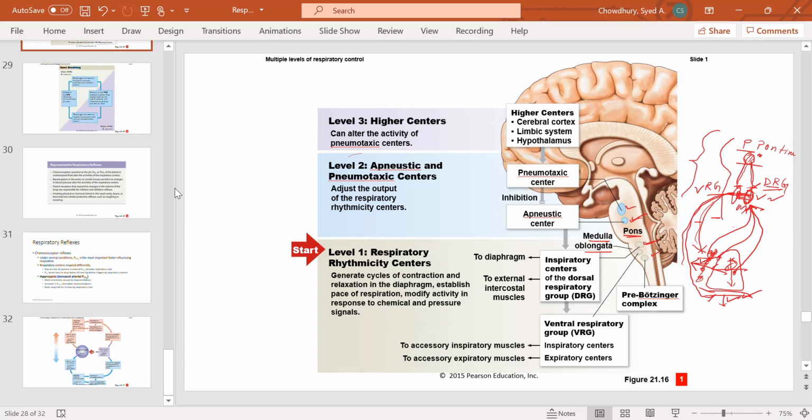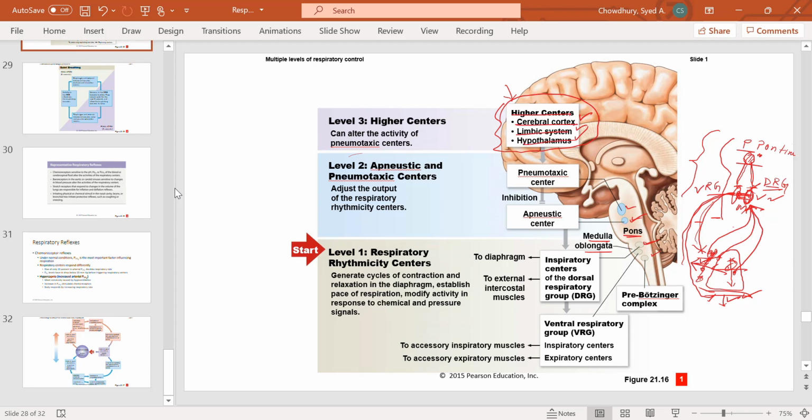Now, in the cerebral cortex, limbic system and hypothalamus, you have some centers, and you know your rhythmic breathing you can stop. If I tell you to stop your breathing now, you can do that, right? That is voluntary. You can voluntarily change the breathing or stop the breathing. So that is controlled by the higher centers.